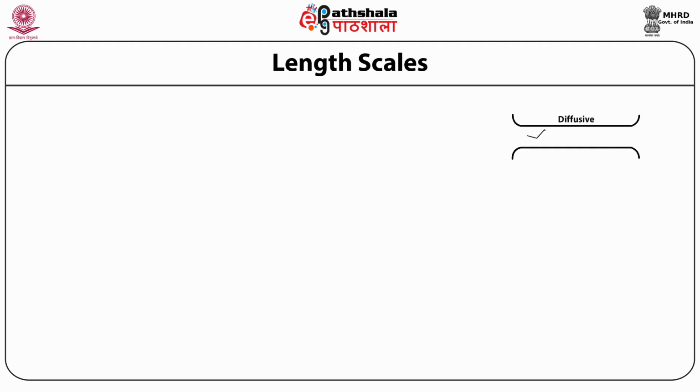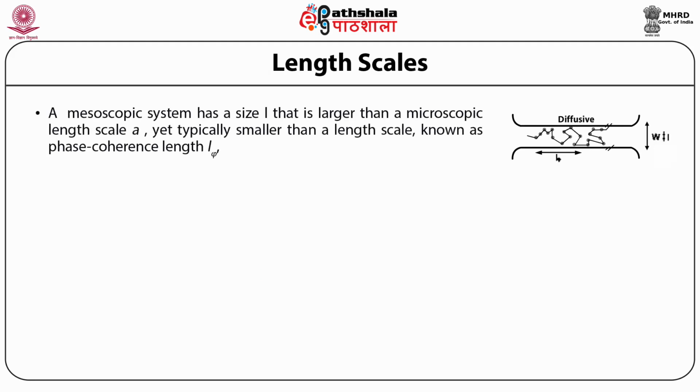Now, let us summarize the different length scales. A mesoscopic system has a size L that is larger than a microscopic length scale a, yet typically smaller than a length scale known as the phase coherence length L phi.